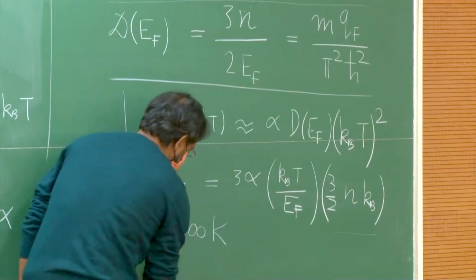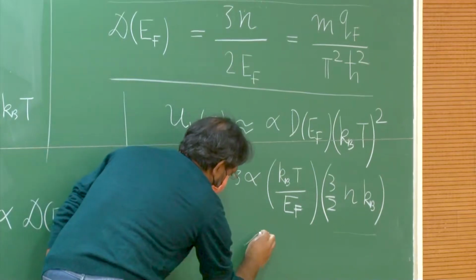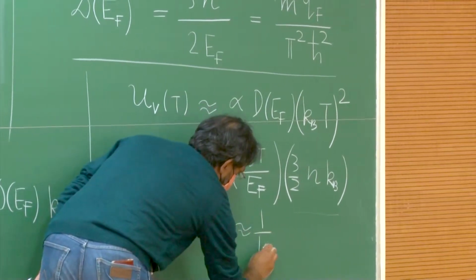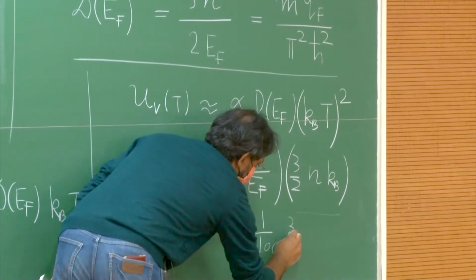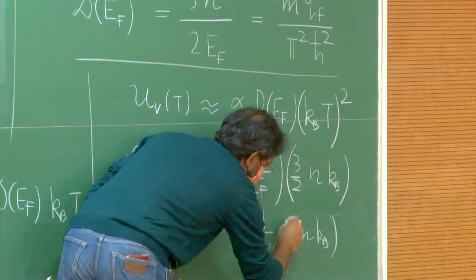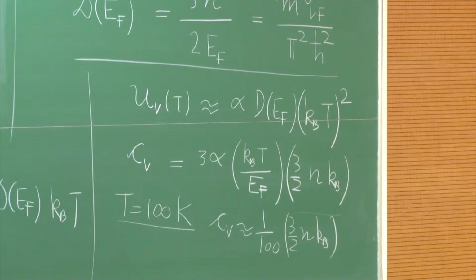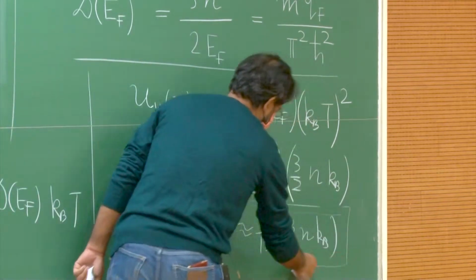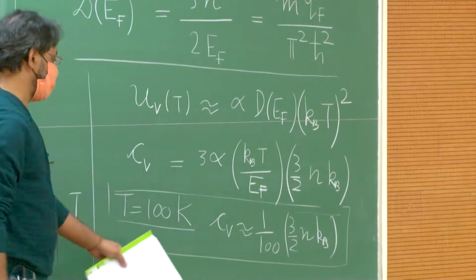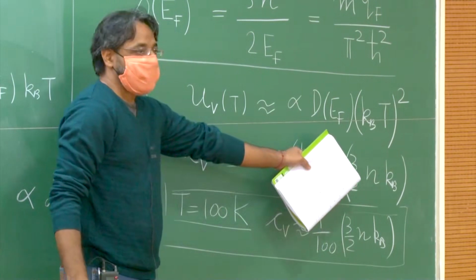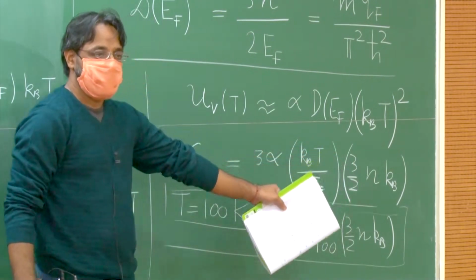So, at 100 K, for instance, the CV is approximately 1/100th of 3/2 n kB, which is the classical specific heat, and therefore, we have shown that the actual specific heat will be 1/100th of the classical value, and it will vary with temperature linearly. Okay. So, we will stop here.